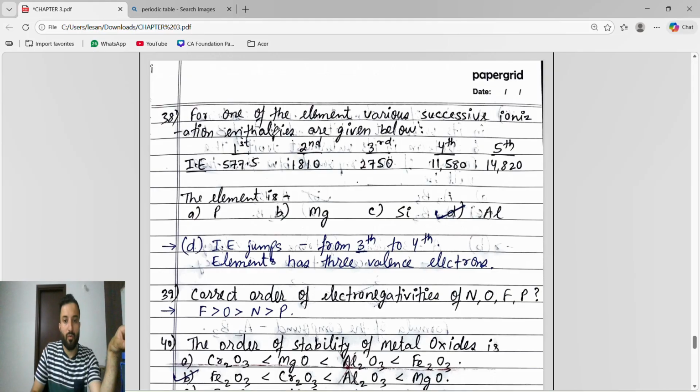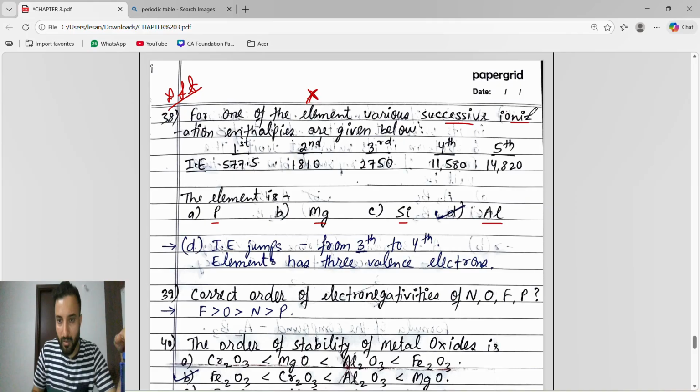Guys, this is very important. For one of the elements, any element they have taken, let us suppose the element is X, various successive ionization enthalpies are given below.